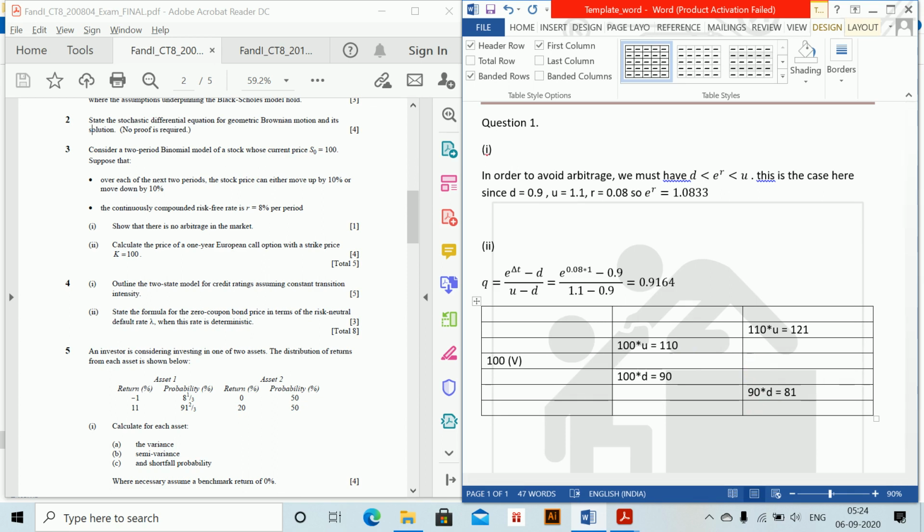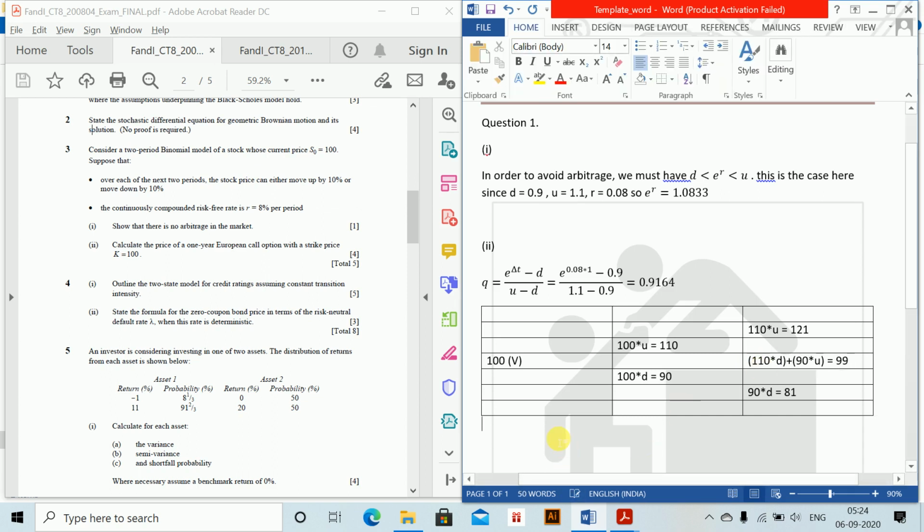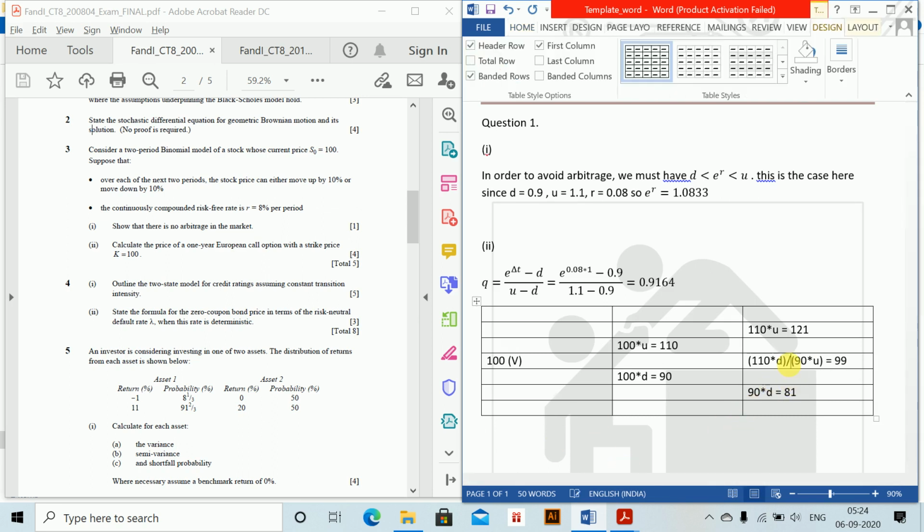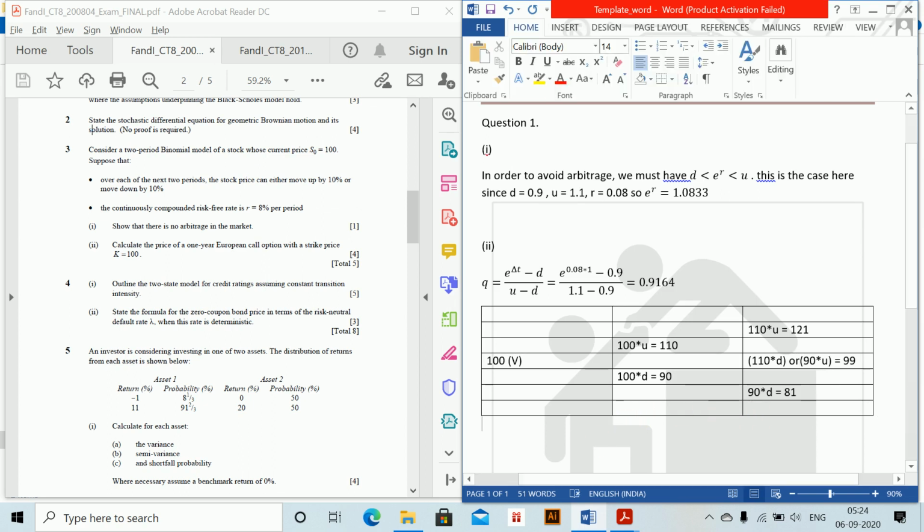So this is basically 100 into D plus 110 into D, or 90 into U, which is equal to 99. Okay, so this is how you do this: 110 into D, or you can do 90 into U. Either of these works here.